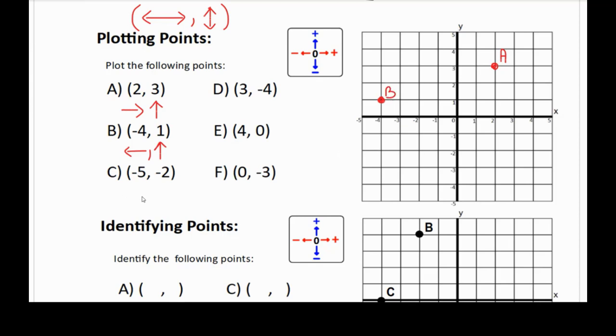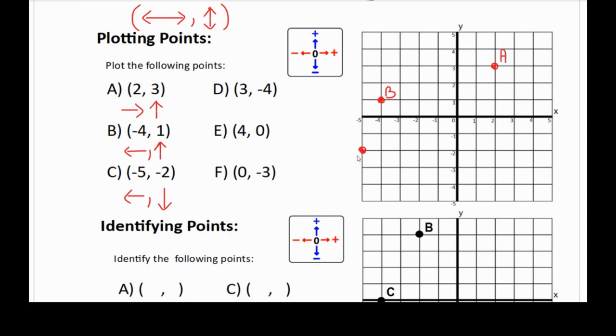For letter C, I have -5, so it's going to go to the left. And the second number is -2, so I go down. So in this case, I go 1, 2, 3, 4, 5, and then 1, 2, down.